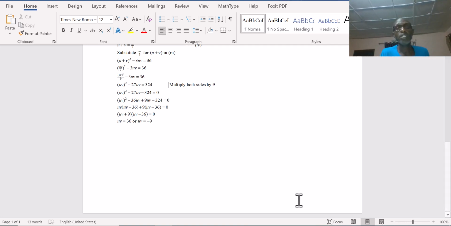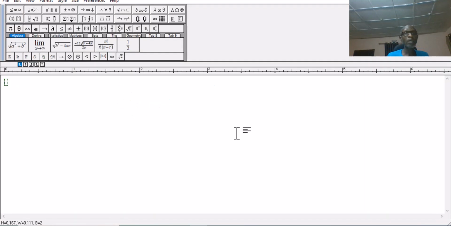So now let's solve this equation. We know that uv is equal to 36. Let's term this equation 1.